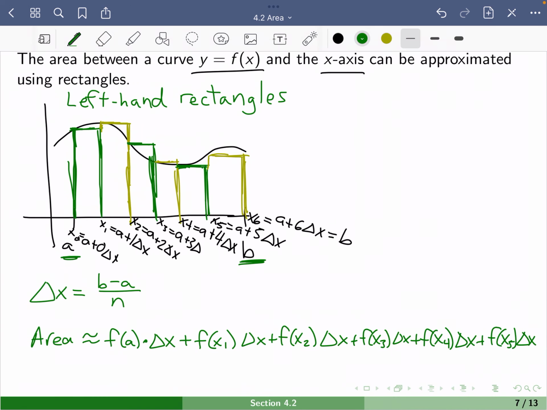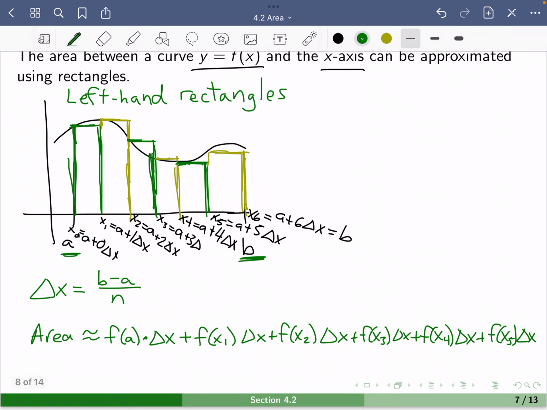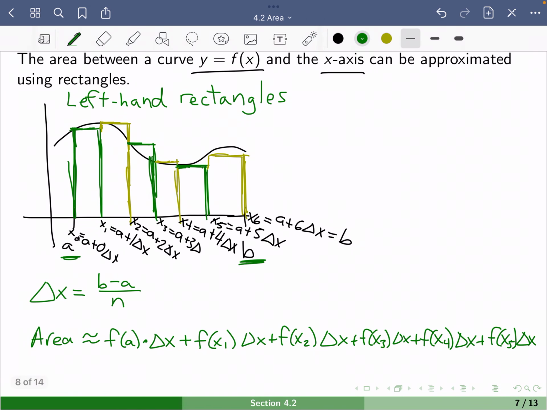Now, why did I not use x6? Well, x6 is the right-hand endpoint of this rectangle, but the height of this rectangle isn't defined by that function value, which is up here. It's defined by this function value at the left side. And that will give us an approximation for that area.